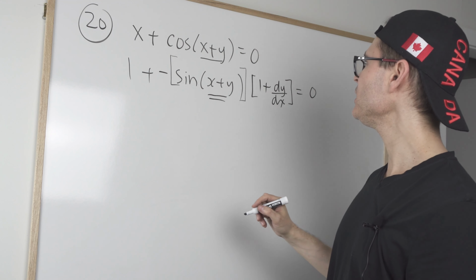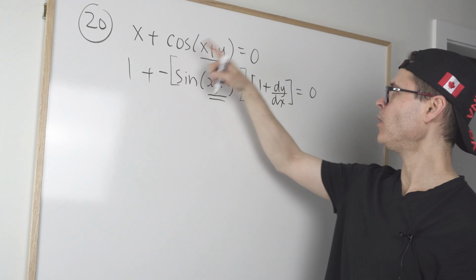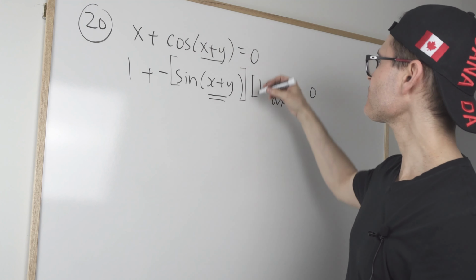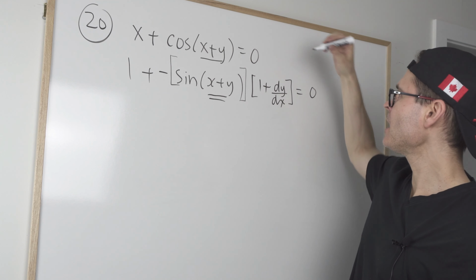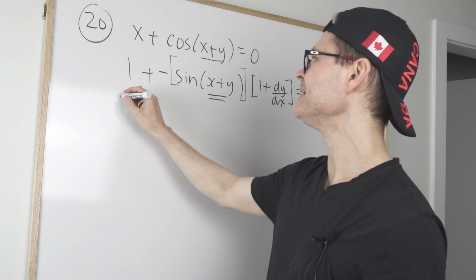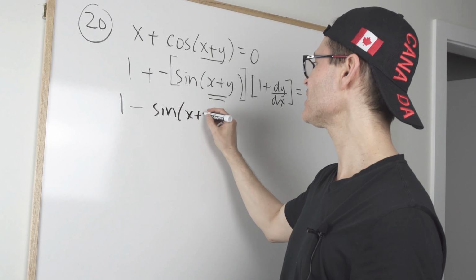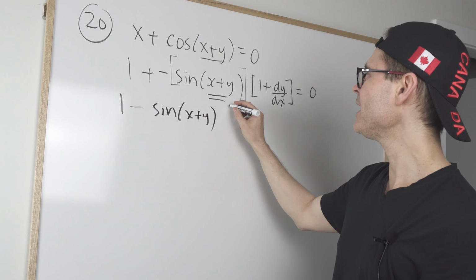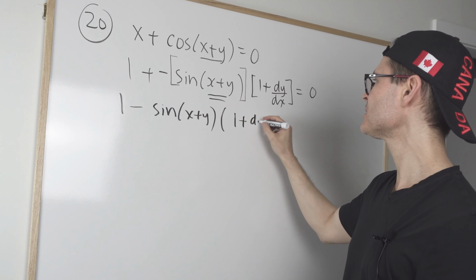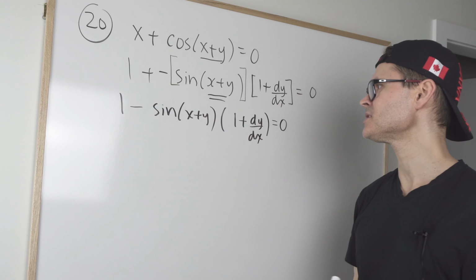So what I'm going to do here is, first of all, I'm just going to move the 1 over to the other side. And I'm also going to divide this. Okay, let me just clean it up. 1 minus the sine of x plus y times 1 plus dy dx equals 0.